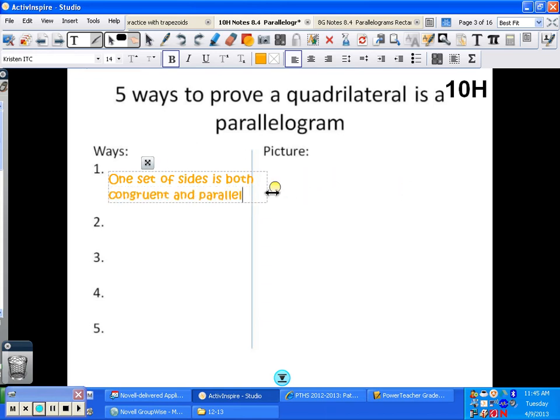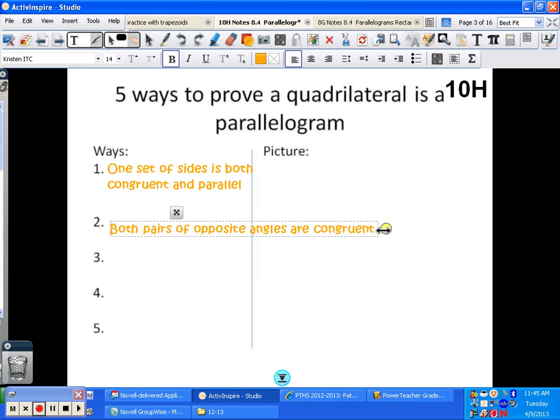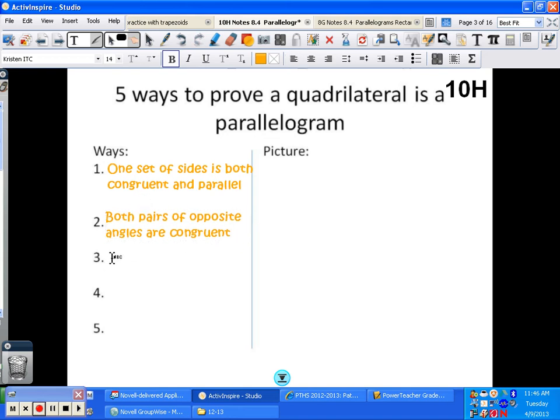That's probably one of the more difficult ones, the one that students oftentimes forget. If both pairs of opposite angles are congruent, that's a second way. We can prove it if the diagonals bisect each other.